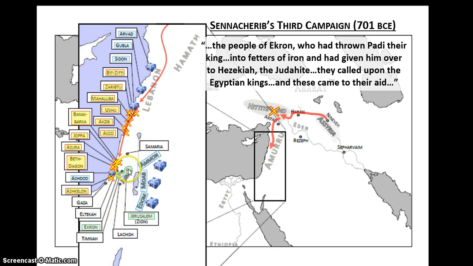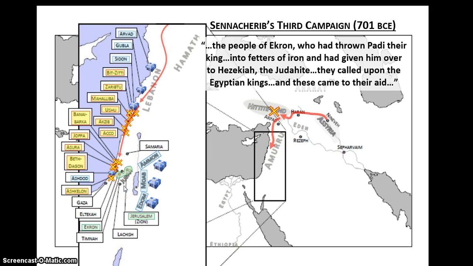They had an alliance whereby King Padi of Ekron, a faithful servant of the Assyrians, was overthrown, as Hezekiah of Judah convinced the people of Ekron to overthrow their king. And King Hezekiah took King Padi of Ekron captive to Jerusalem, threw him in prison, so that these two cities would join together in rebellion.